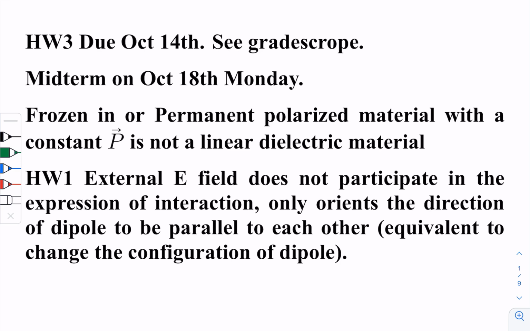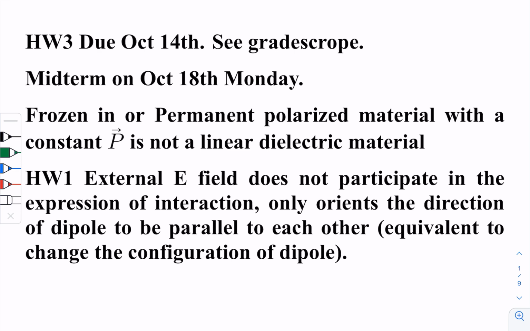So that is a special case, and this is definitely not a linear dielectric material. So when you are looking at a problem, don't be confused between the two. Even though the P is constant and uniform, it doesn't mean that the underlying material is a linear dielectric material.